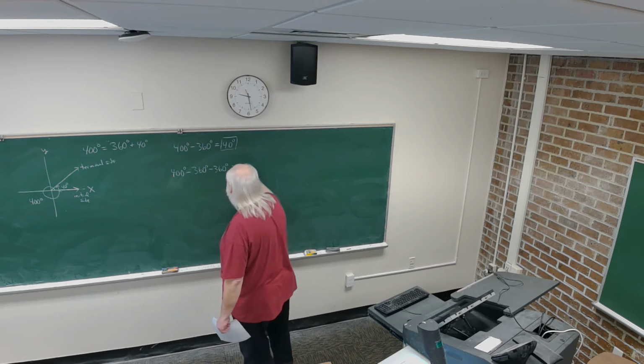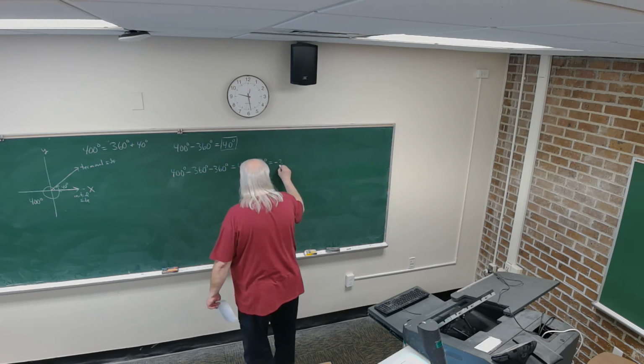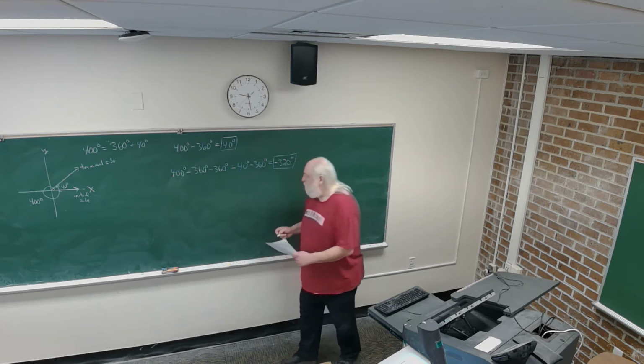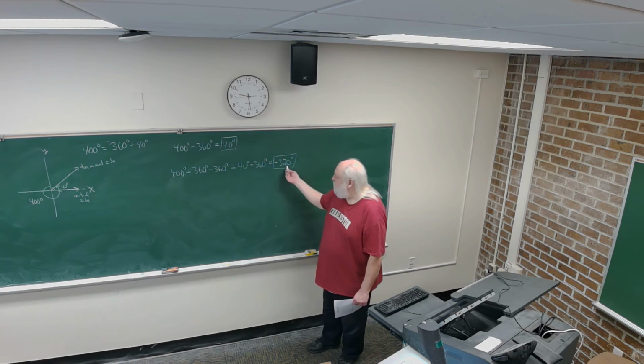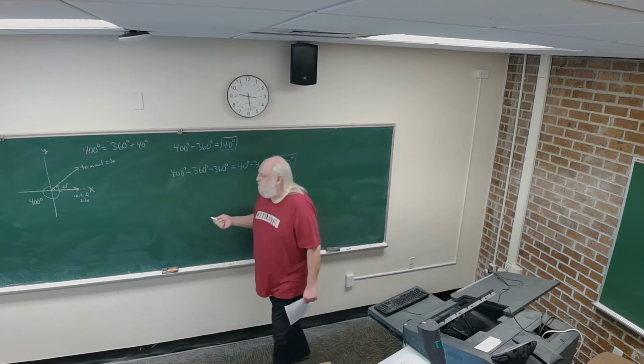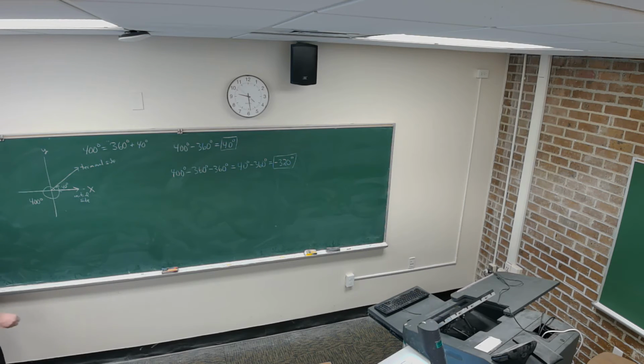And so this is equal to 40 degrees minus 360 degrees, which is equal to minus 320 degrees. So minus 320 degrees is also coterminal with 400 degrees. If we measure the rotation from the positive x-axis to the terminal side in a clockwise direction, that's the angle minus 320 degrees. Okay.